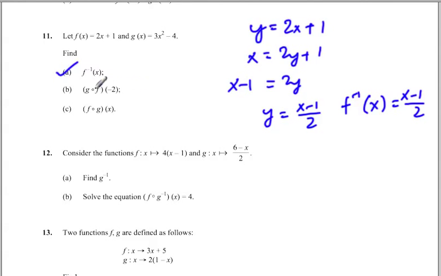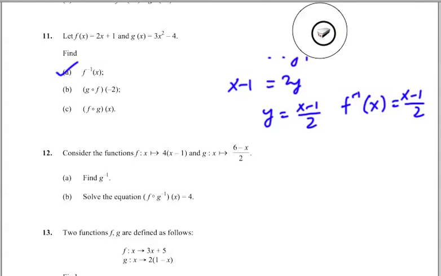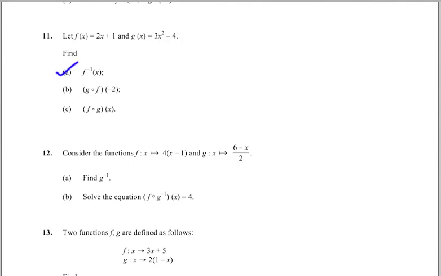So that's that one. Now, g of f of negative 2. So let me do that. So g of f of x. Remember, the best way to do this is to find what g of f of x is, and then finally plug in negative 2. So this is equal to g of 2x plus 1.